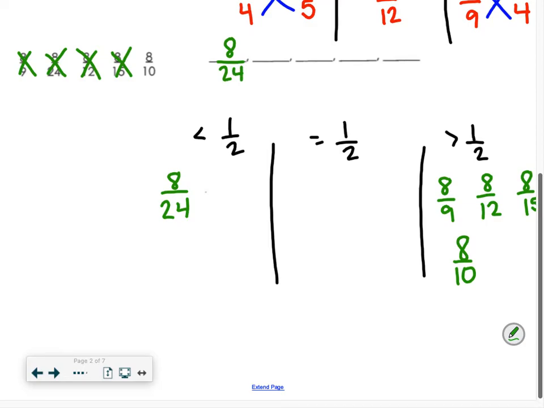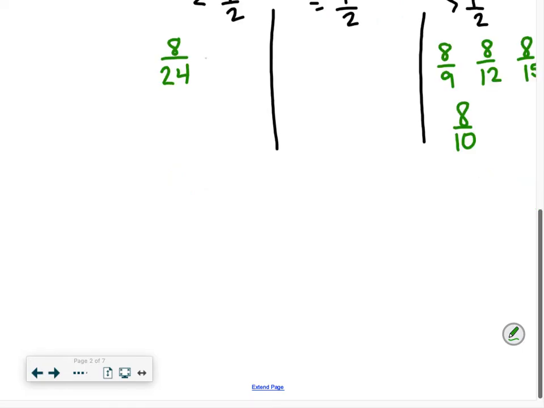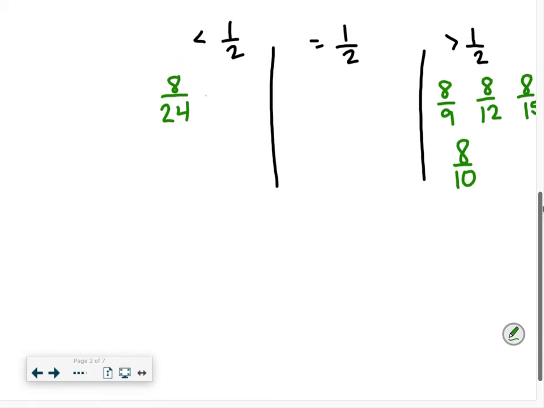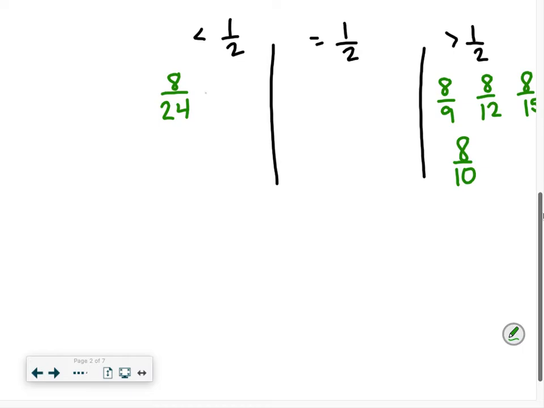Now, here is kind of a little trick. I want to see if you can notice anything.